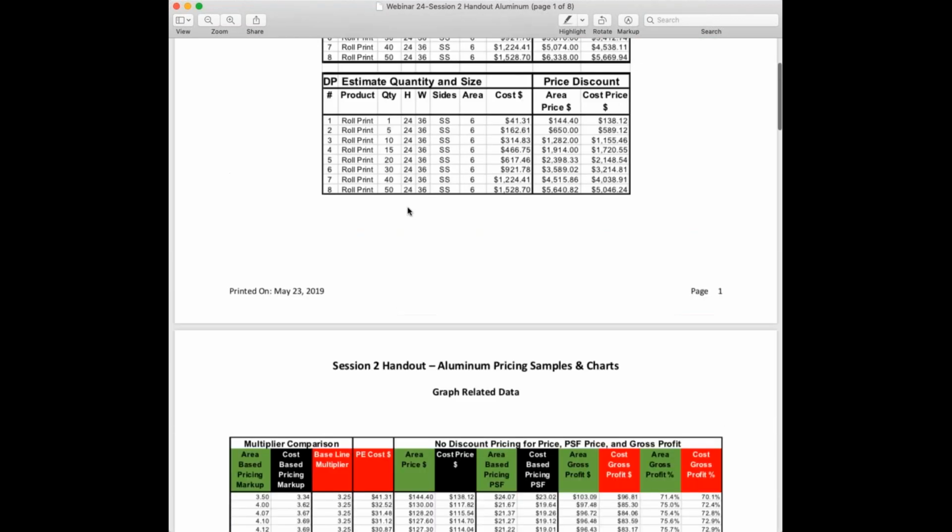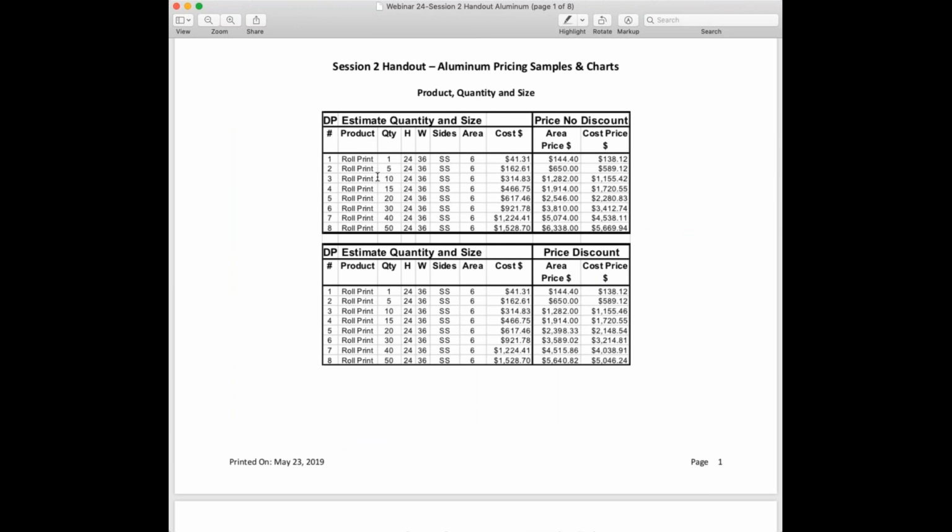I'm showing a concept. In the aluminum example, I did a quantity range from 1, and it peaked out at 50. Same size, 24 by 36. On the other one, the quantity ranged from 1 to 1,000.